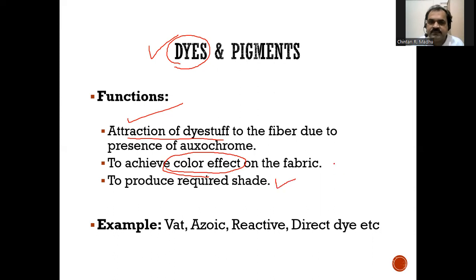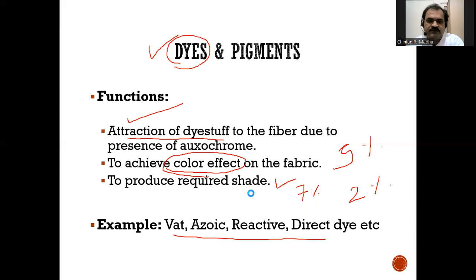Like if I am printing with a red dye only, majorly it is a 5% shade, and somewhere I am using a 2% shade, somewhere I am outlining with a 7% shade. So these are the various shade effects when I am working with a specific design. These are examples of dyes which we all generally know about.